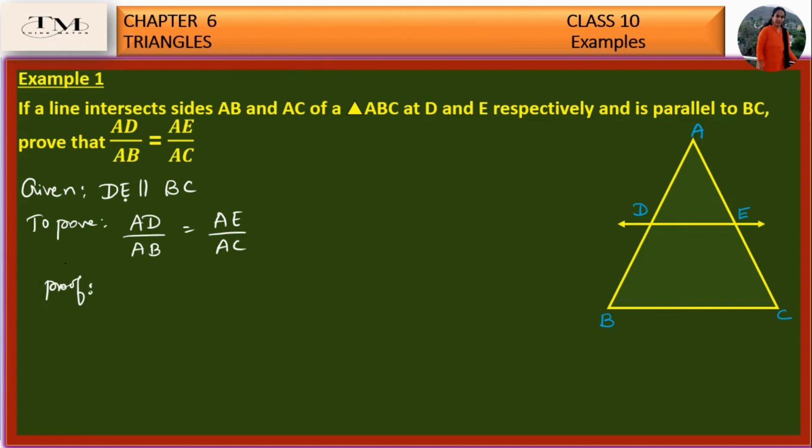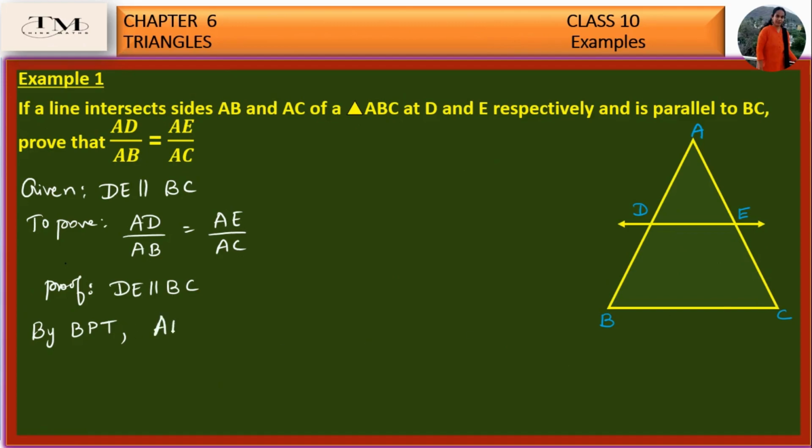Now, what is given? DE parallel to BC. So, if DE is parallel to BC, by the basic proportionality theorem, we have AD by DB equal to AE by EC.